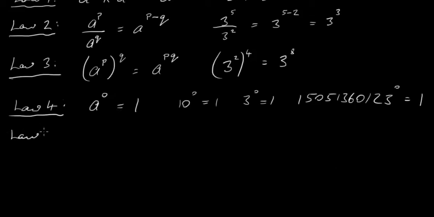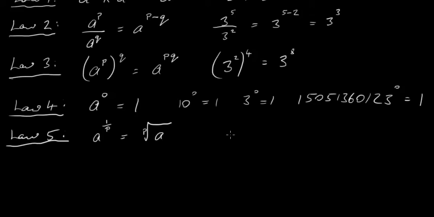Okay, so law number 5 is if you have anything to the power of a fraction. So we'll say 1 over p. a to the power of 1 over p is the p-th root of a.